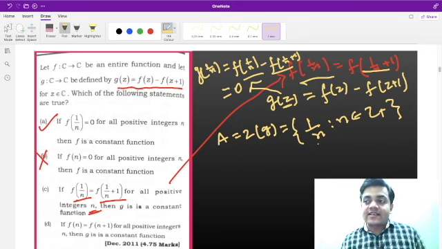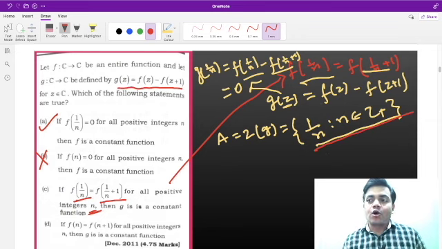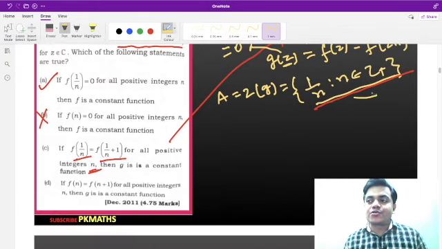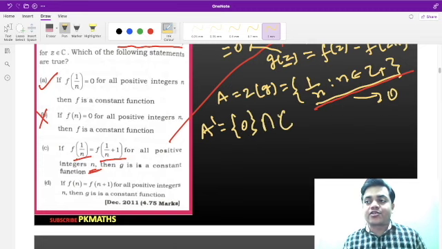So certainly this is the set of zeros of G. And you can also see one beautiful thing, that this is going to 0. Its limit point will be 0. So in the derived set of A, you can see a 0 right here, which is going to intersect with C. This is not equal to phi.